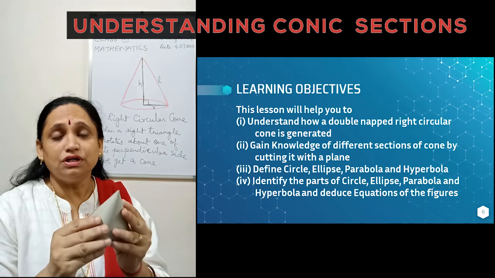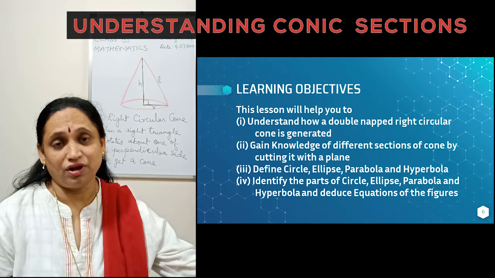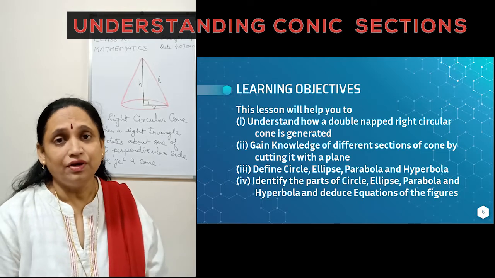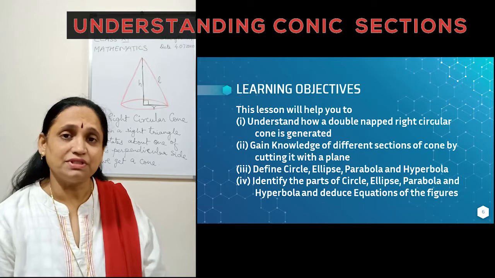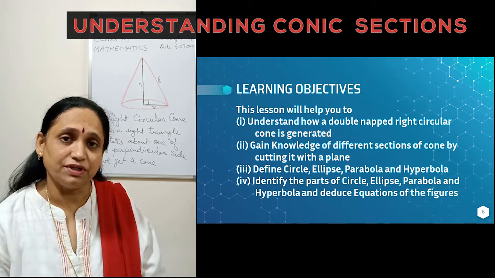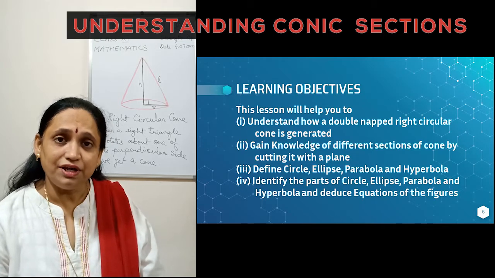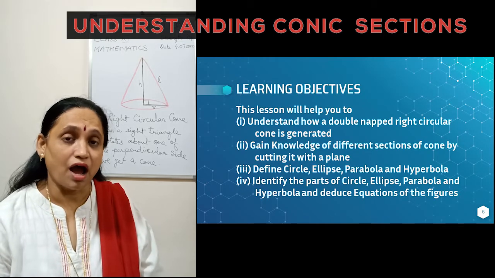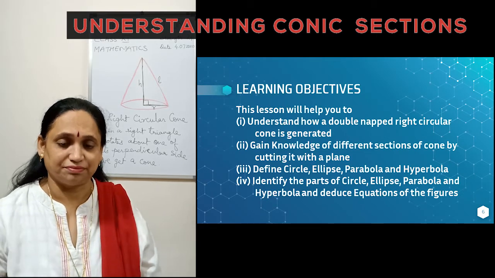You will also learn to define the shapes like circle, ellipse, parabola, and hyperbola. You will learn to identify the parts of these shapes and also find the equations of these shapes. Now, the next video will make you understand how a double-napped right circular cone is generated.